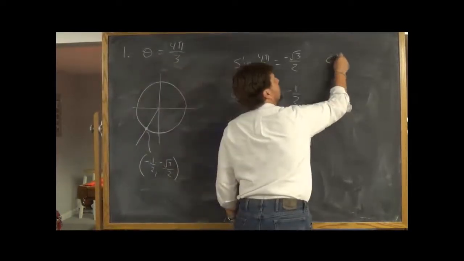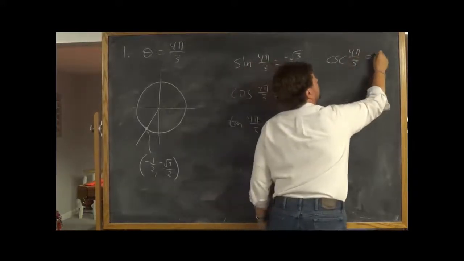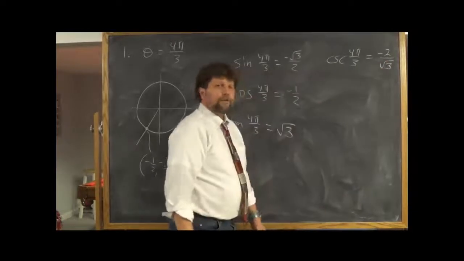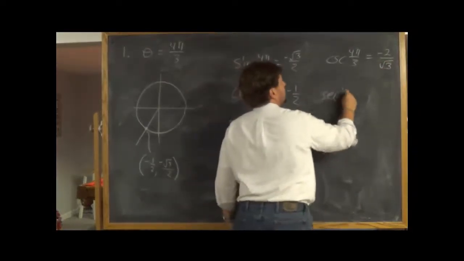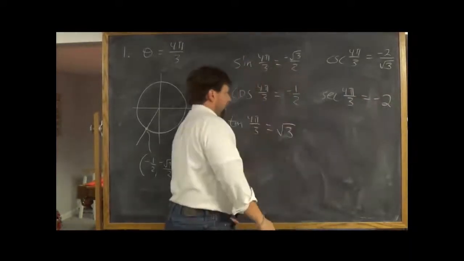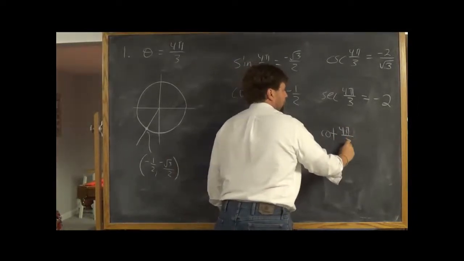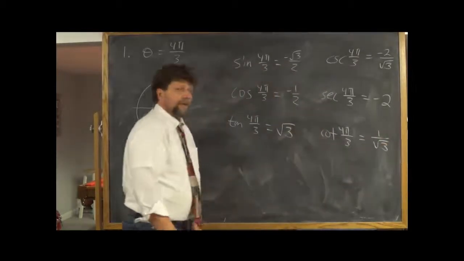So we have cosecant of 4 pi over 3 is negative 2 over square root 3. Secant of 4 pi over 3, that's negative 2. And then finally the cotangent of 4 pi over 3 is 1 over the square root 3.